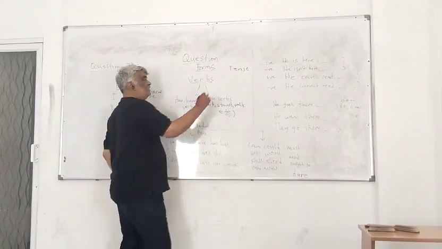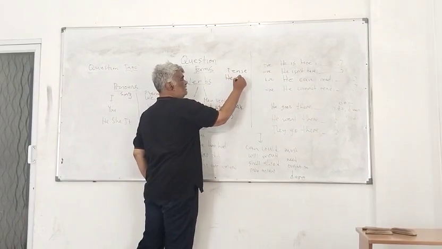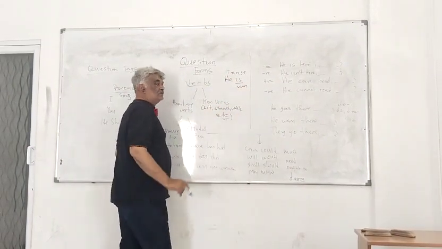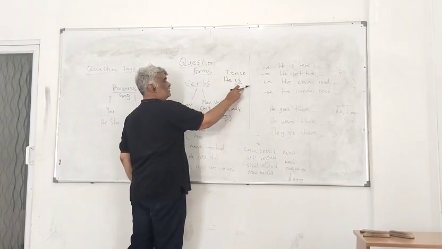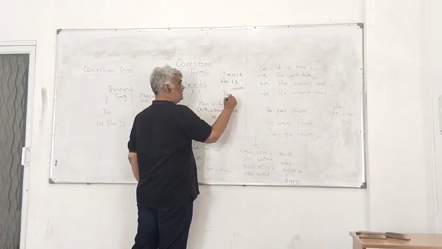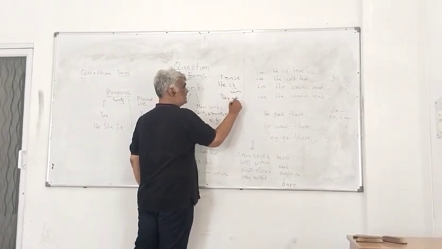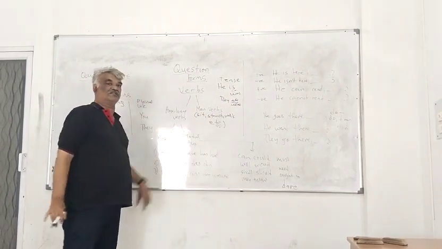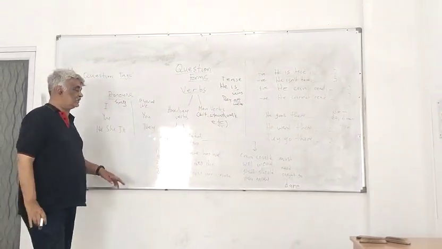If I say he is and I compare it with he was, you see that was is past tense, is present tense. And if I say they are and I compare it with they were, were is past tense, are is present tense.